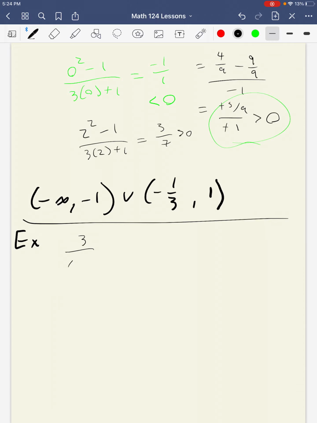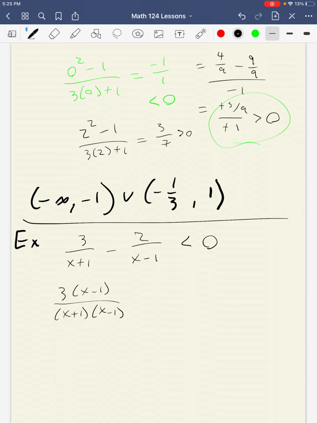So let's look at 3 over x plus 1 minus 2 over x minus 1 less than 0. Okay, so here we're subtracting fractions. We need a common denominator. So I'll multiply an x minus 1 to the top and bottom of the first term. I'll multiply an x plus 1 to the top and bottom of the second term.